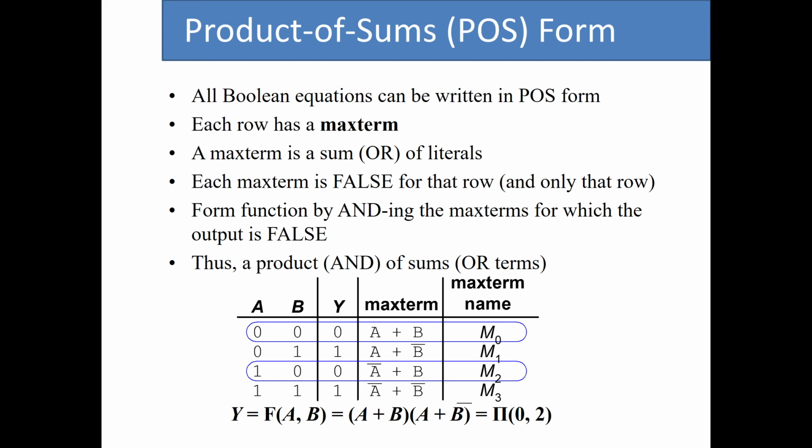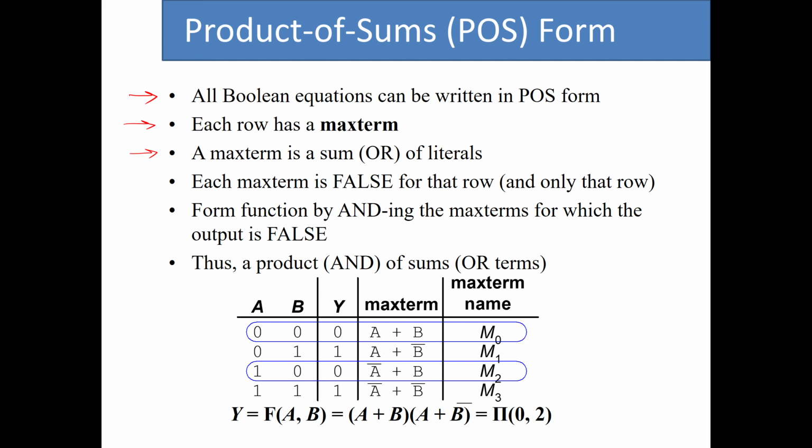Now let's take a look at a product of sums, or POS, form of the Boolean equation. Again, all Boolean functions can be represented or written in POS form. Each row has a maxterm associated with it. And a maxterm, if you remember from before, was a sum or OR of all the variables, whether the variables themselves or their complement.